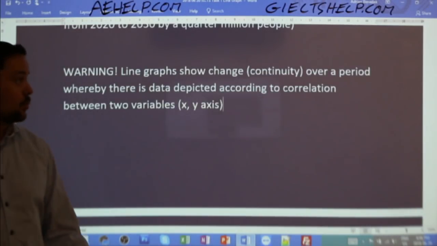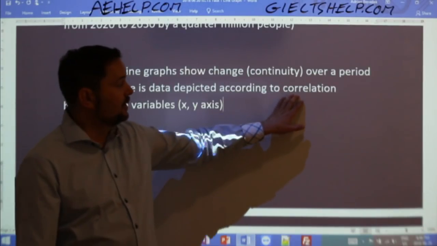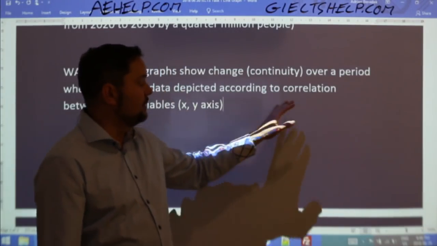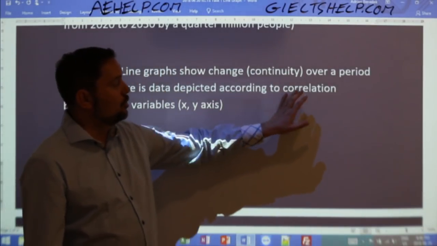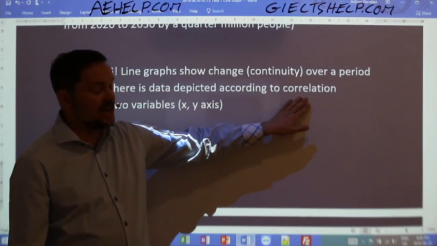So know this word correlation, co meaning together, relation meaning relationship. Line graphs show correlations in data, okay?